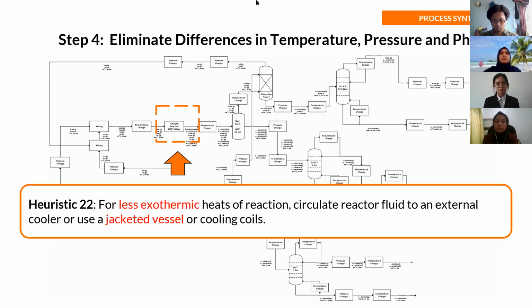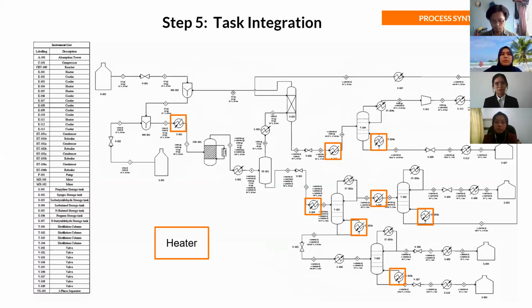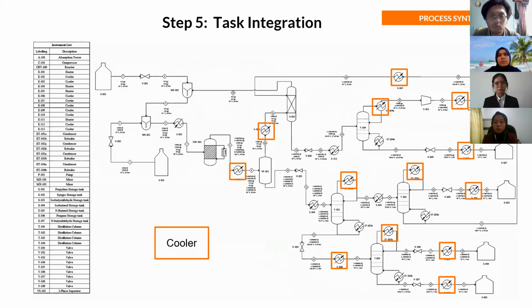Last but not least is step 5, which is task integration. We have been replacing the temperature change with a heater for the stream that requires a target temperature higher than the original one, and replacing with a cooler for the stream whose target temperature is lower than the original one.